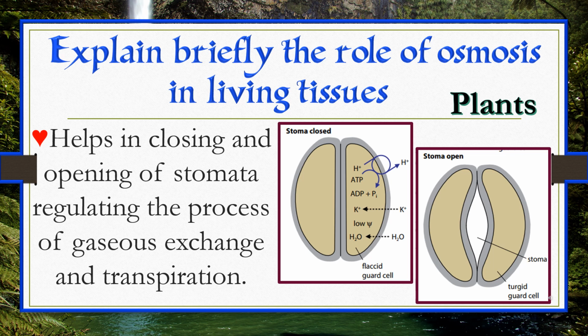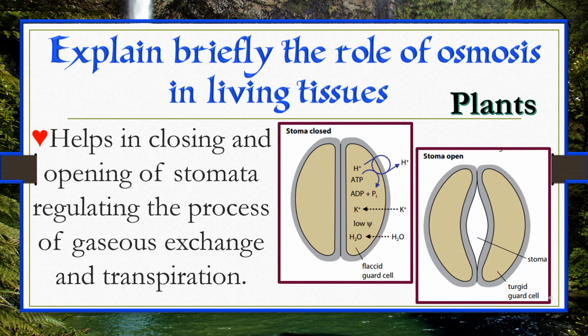But as the potassium ions enter into the guard cells, that means that there is low water potential. And when this happens, it will attract water to enter into the guard cells due to the presence of potassium ions. And when water enters, it is going to cause the guard cells to expand.